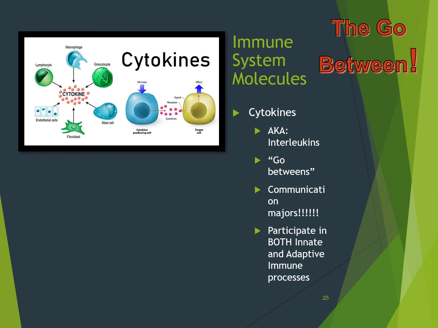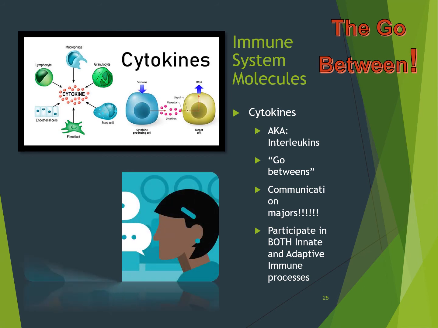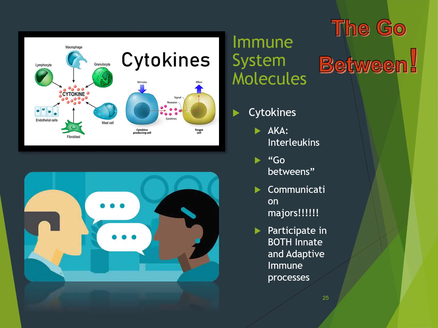So they communicate. They are the communication majors. They communicate with all these other white blood cells that make up our immune system, and they trigger those immune responses. So the cytokines are a really important part of the immune process.